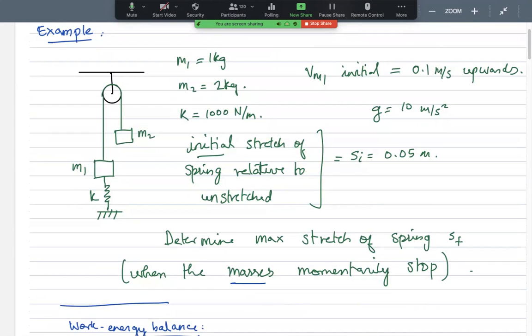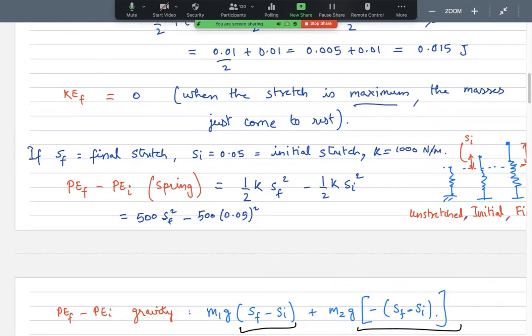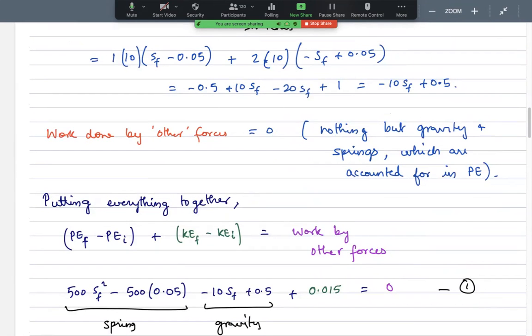And we've already discussed that things like inextensible ropes or pulleys do not do any work. So we only have springs and gravity. Those are conservative, and have already been taken into account in potential energy. So this is equal to 0.